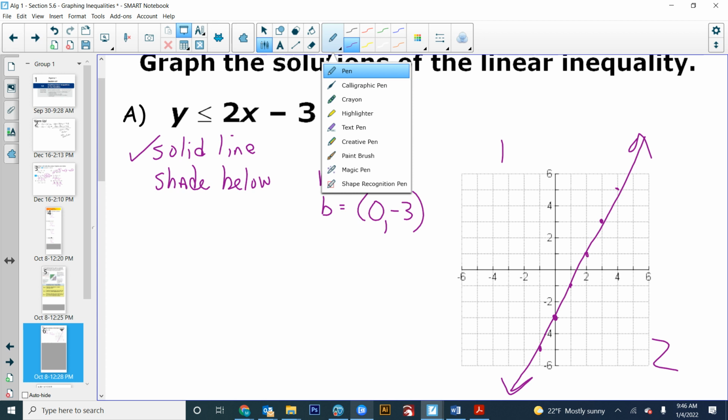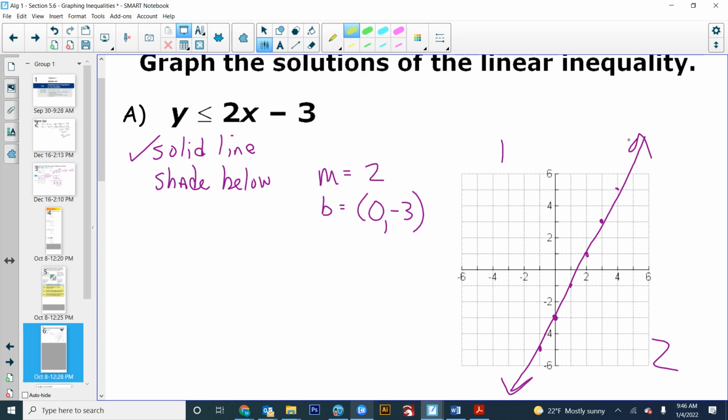You're going to take your pencil and highlight over here. It doesn't have to be every section. You're not doing it with a thick highlighter; just shade that part over there.